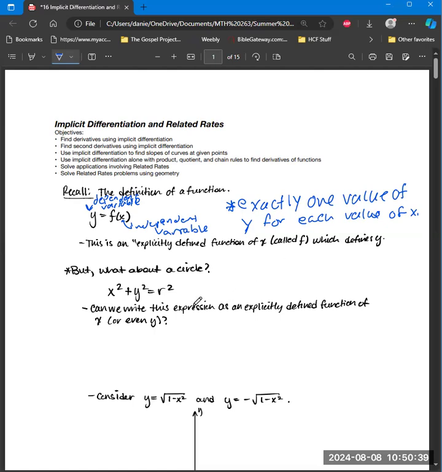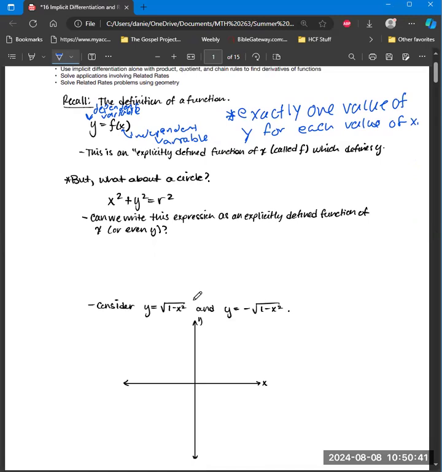A circle, y is not going to be a function of x. It won't pass the vertical line test. If we draw a circle here, y is not a function of x, but there's a relationship between x and y: x squared plus y squared equals r squared.